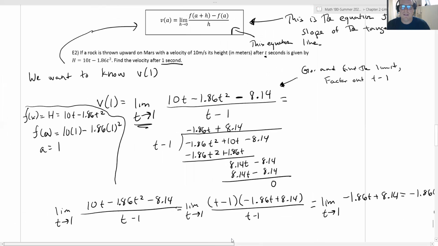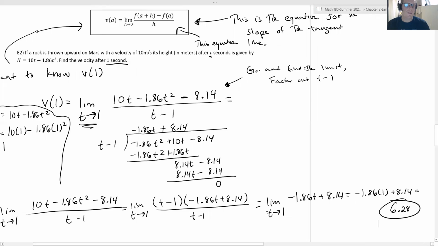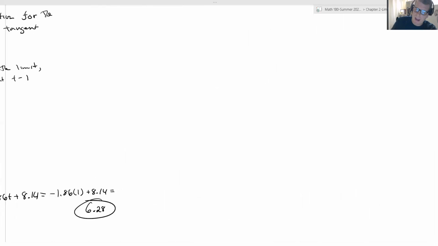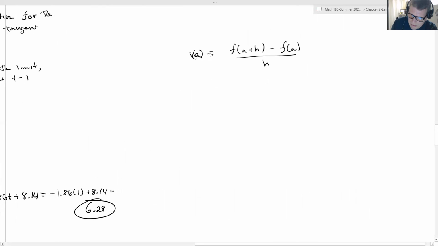Now, sorry. Let's use this definition for the instantaneous velocity in order to do this work too. Went too fast. Okay. Now we're going to have V of A equal to F of A plus H minus F of A all over H, and we're going to take the limit of that as H approaches 0. So V of A is going to equal this.